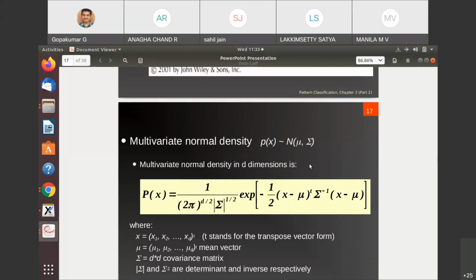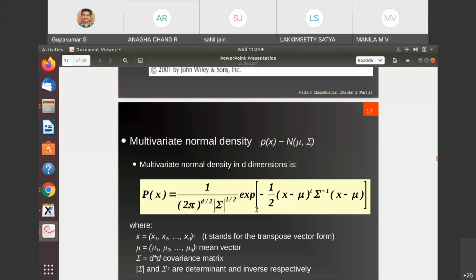N represents the normal density, described by two parameters, mu and sigma. In the univariate case we write mu comma sigma, but here we have to consider the covariance matrix.